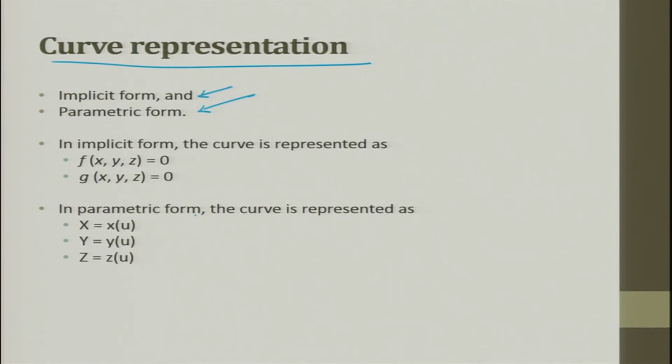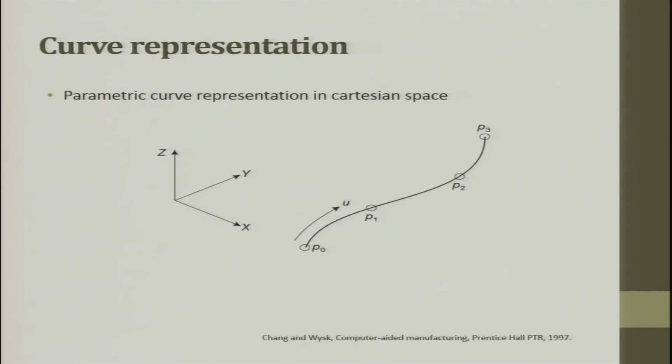In parametric form, the curve is represented as x equal to x of u, y equal to y of u, z equal to z of u. You see all these are linked by a factor called u. All I have to do is define u, which takes a value from 0 to 1, and I can get whatever output I want. So, here is a curve. I have defined the start point, the end point, and points P1 and P2.